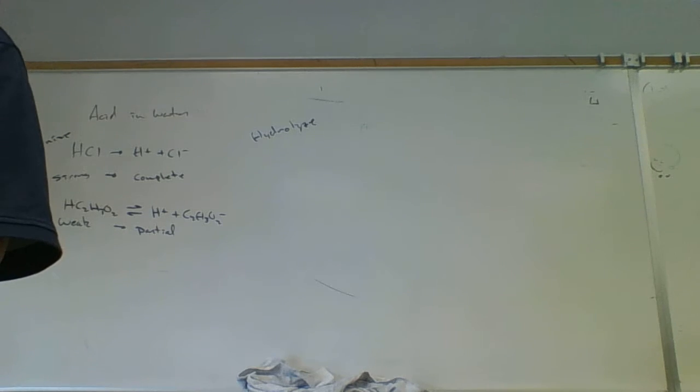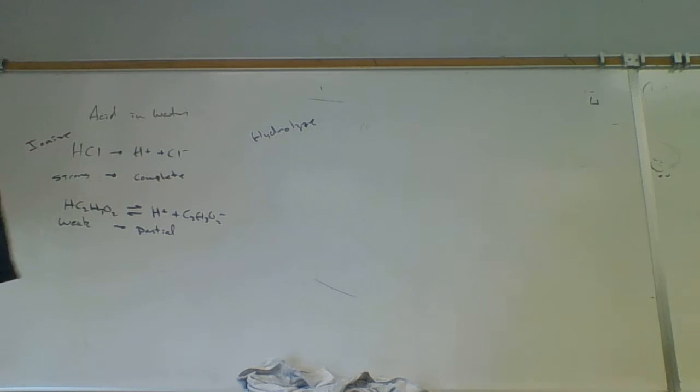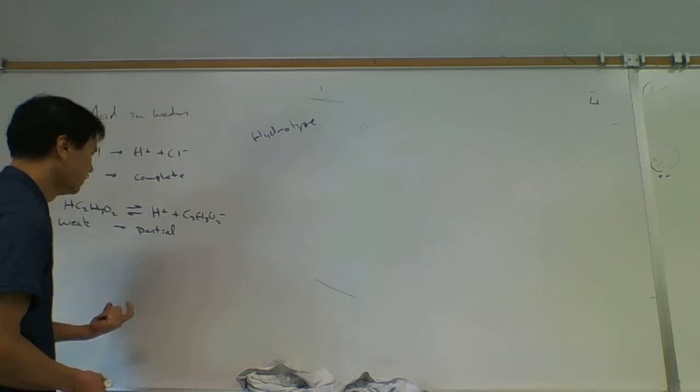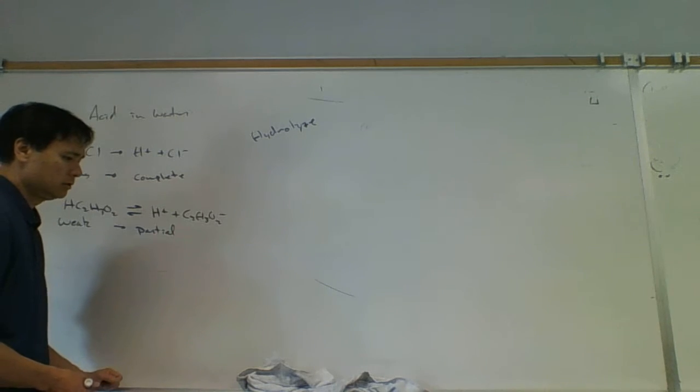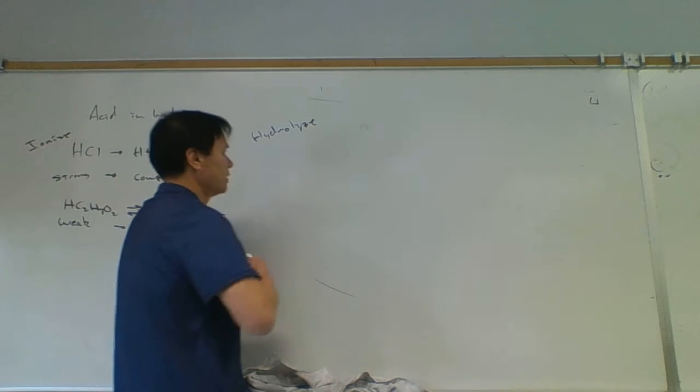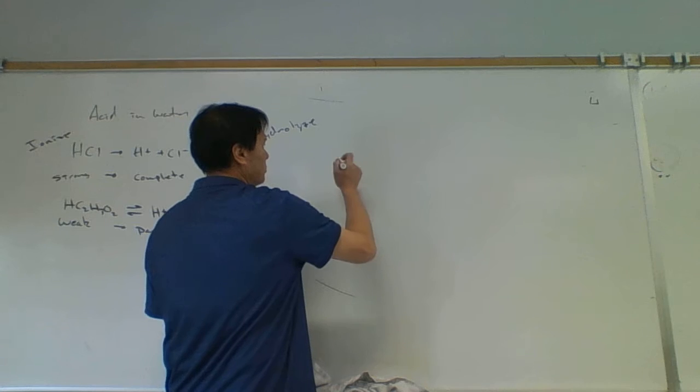Anybody remember why? It's pretty hard because it's probably back in chapter 1 or chapter 2. We're talking about coulombs. It's because of its size and charge. It's a huge charge to size ratio. So if H plus is in the presence of water, it immediately forms hydronium.